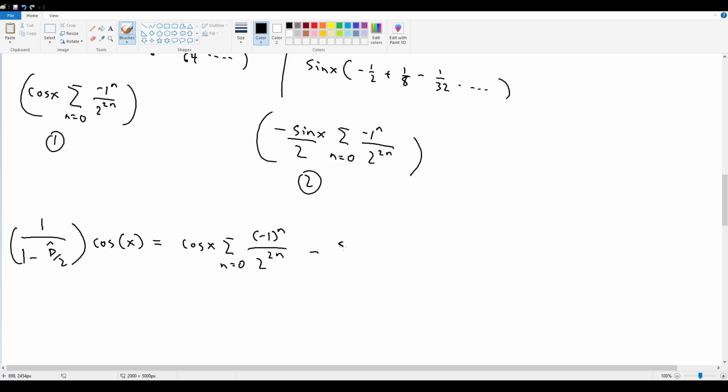And I'm going to subtract sine of x over 2, summation of the same thing, negative 1 to the power of n over 2 to the power of 2n, right? And at this point, what you're looking at here is now two geometric series, right? This is a geometric series.